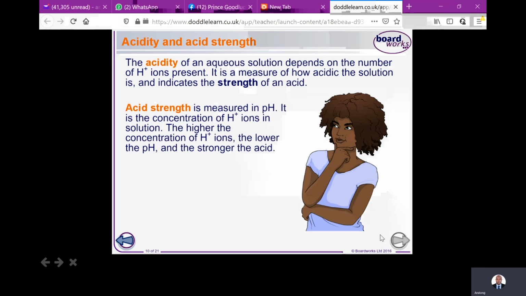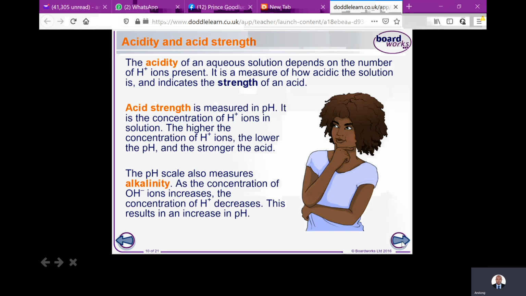Then, looking at alkalinity, the pH, as I said, is a measure of the alkalinity, that is how alkaline the solution is, or the acidity, how acidic the solution is.